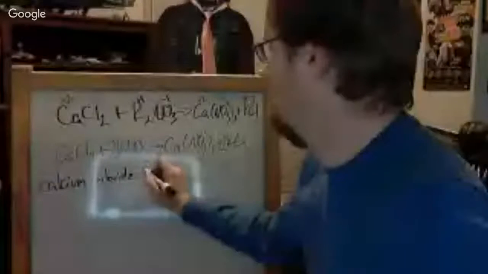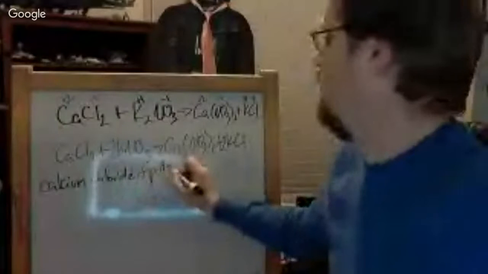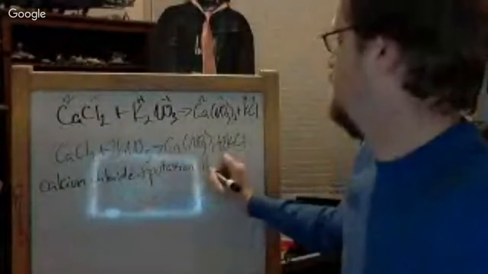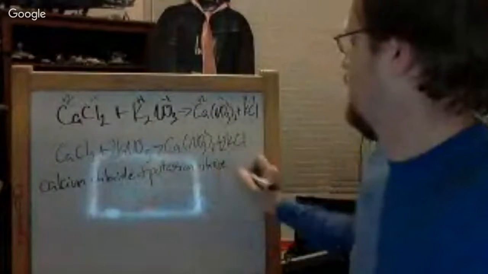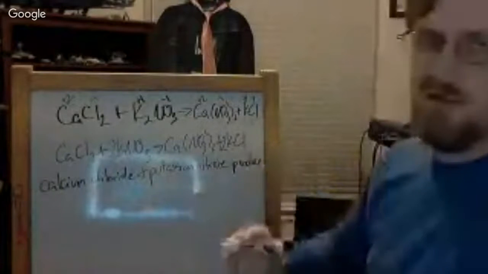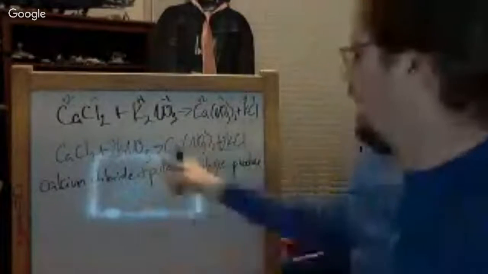So here we go. That is calcium chloride, and so KNO3 is potassium nitrate, because they produce, creates, yields, whatever you want, because that's the arrow.